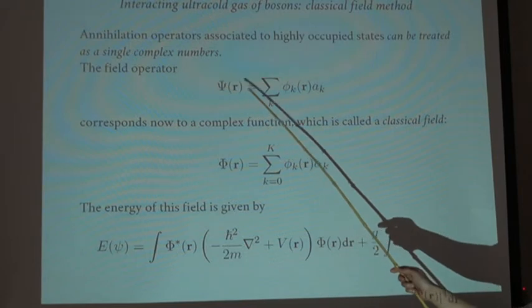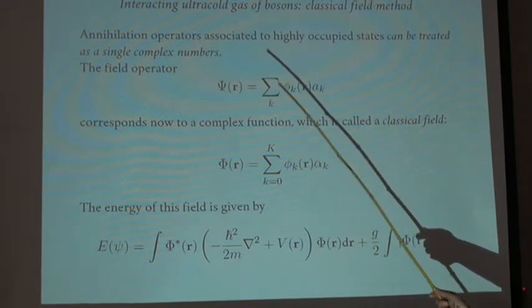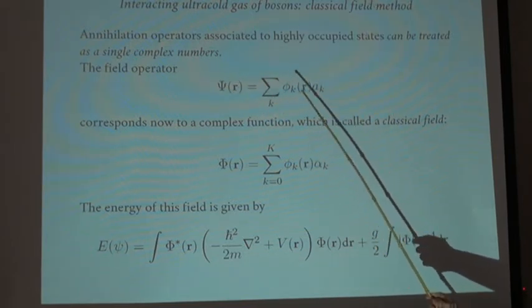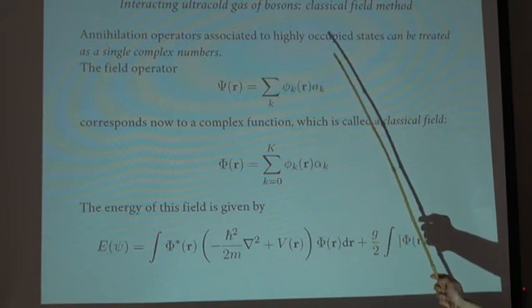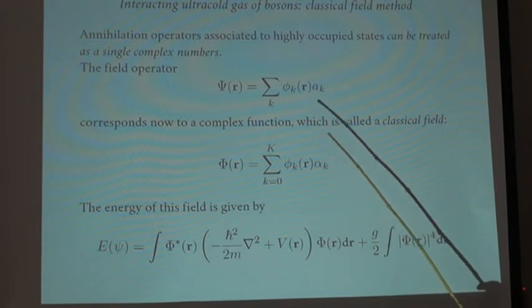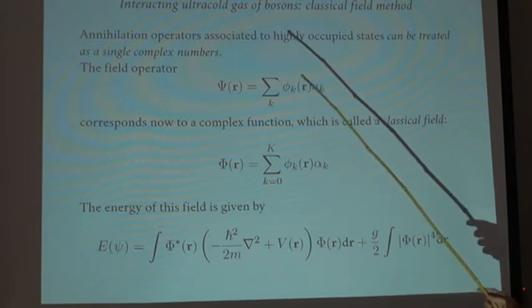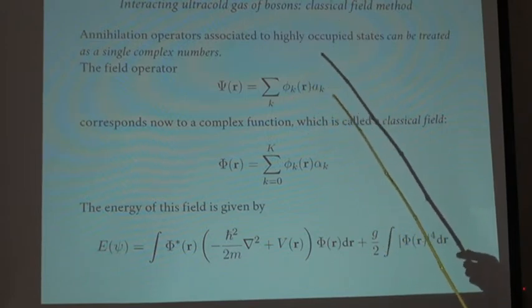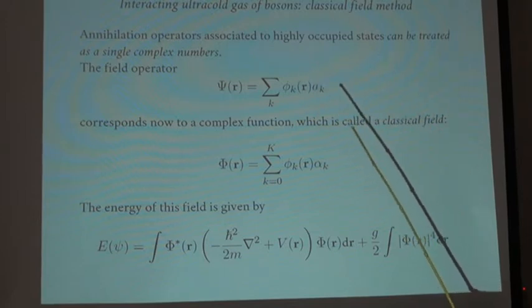So what about our method for interacting gases? When states are occupied by many atoms, we can treat annihilation and creation operators as single complex numbers.